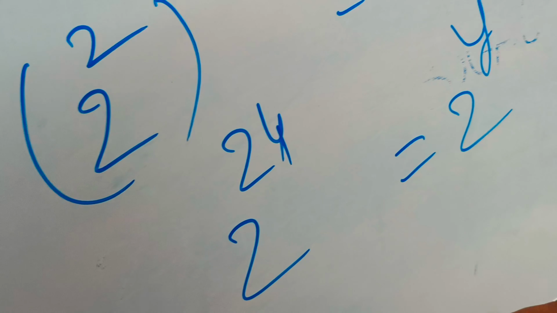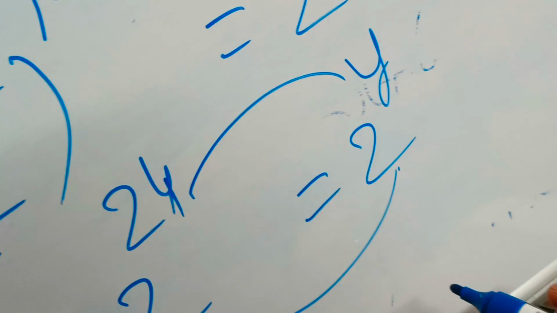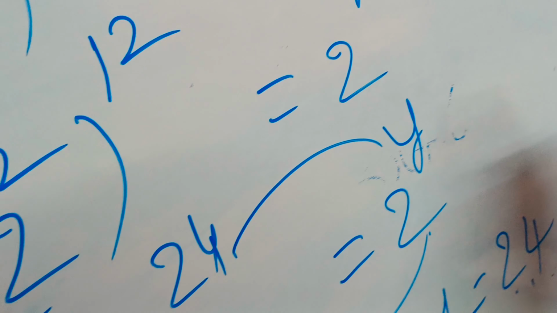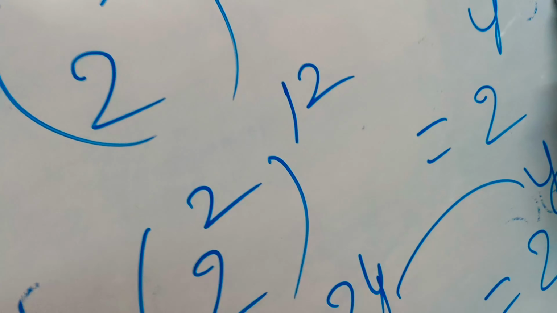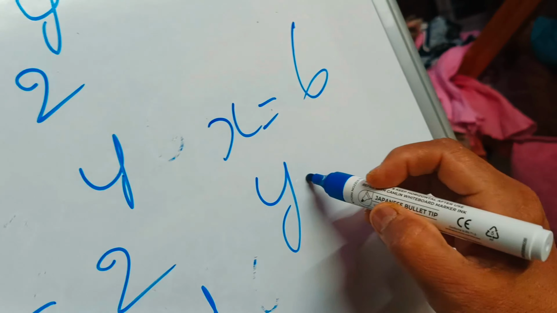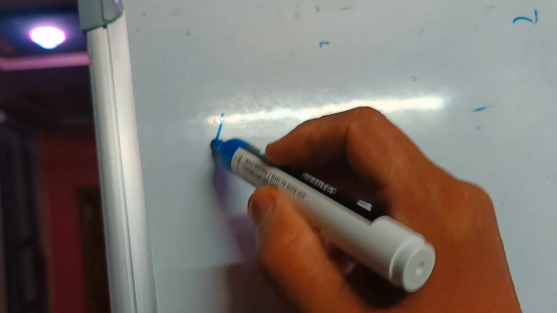Therefore bases are equal, powers will be equal. y is equal to 24. In this sum, the value of x is equal to 6, value of y is equal to 24. Going to the next sum, that is the fifth sum.